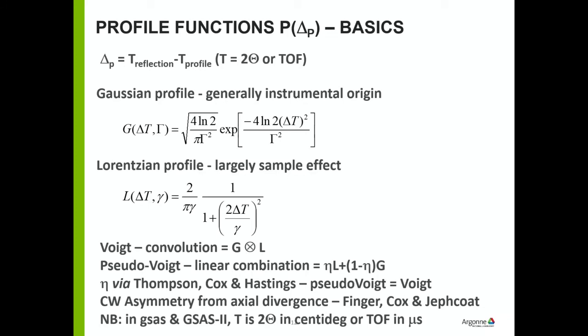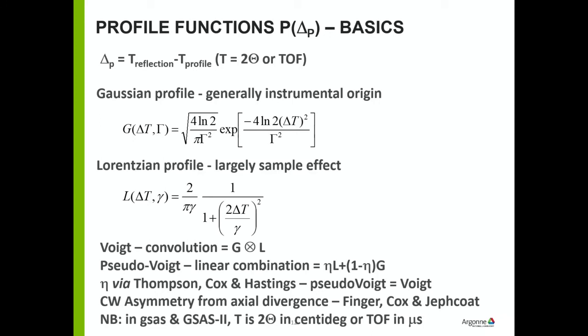On the other hand, the sample broadening tends to be Lorentzian, and I'll explain in a few seconds why that is. And in brief, it's because the sample doesn't give you a single width contribution. There's a range of contributions depending on, say, particle sizes or the strain effects that makes that contribution Lorentzian rather than Gaussian.